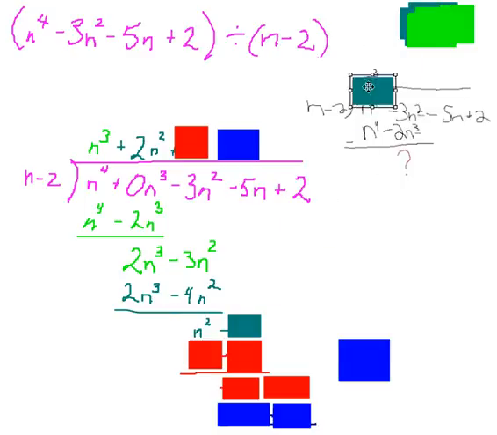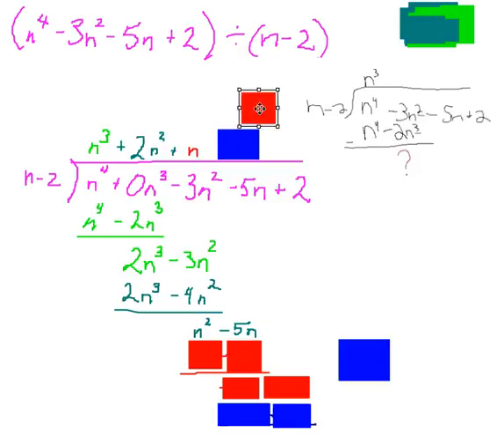And we subtract that, remembering that a negative and a negative makes a positive, to get n squared, then bringing down the negative 5n. After that, we have to decide what to divide by again, so that's that red business at the top of the divide mark. And so that's my negative, that's going to be my n, because I'm actually looking now to divide into this piece, because that's what's left, okay?